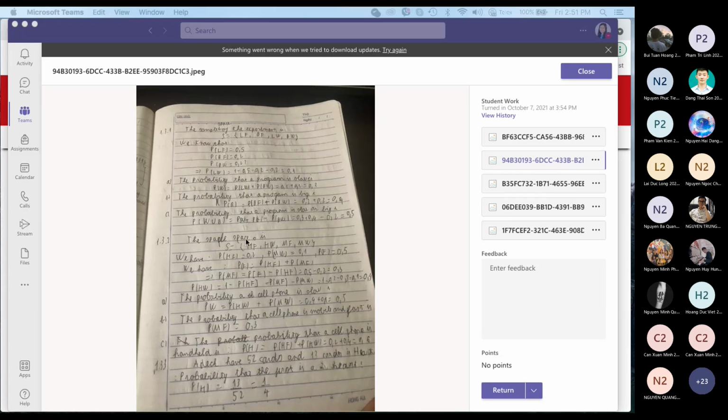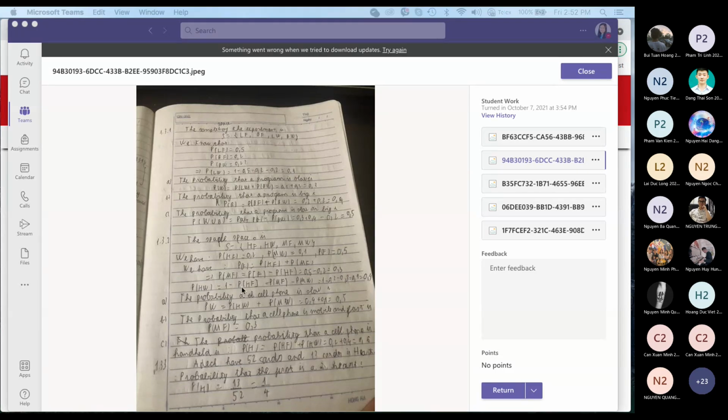The sample space S is HF, HW, MF, and MW, okay? The probability of HF equals 0.2, MW equals 0.1, and the probability of F equals 0.5. We have the probability of F equals HF plus MF, so the probability of MF equals the probability of F minus the probability of HF. So it equals 0.5 minus 0.2, which equals 0.3.